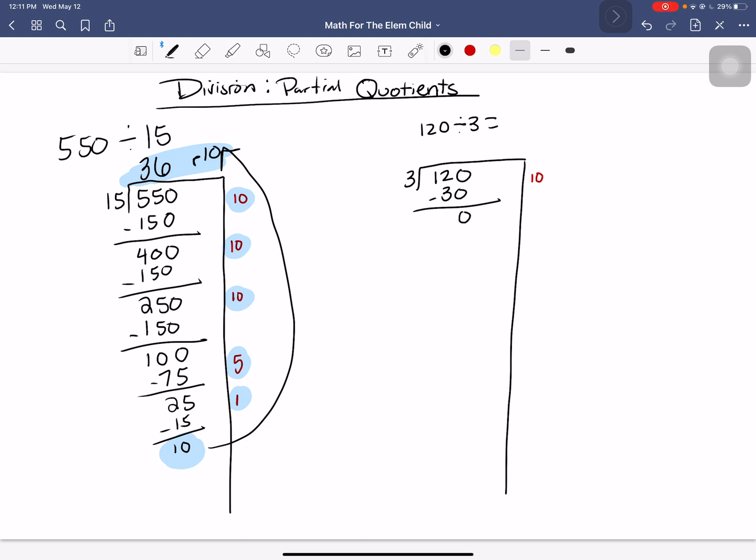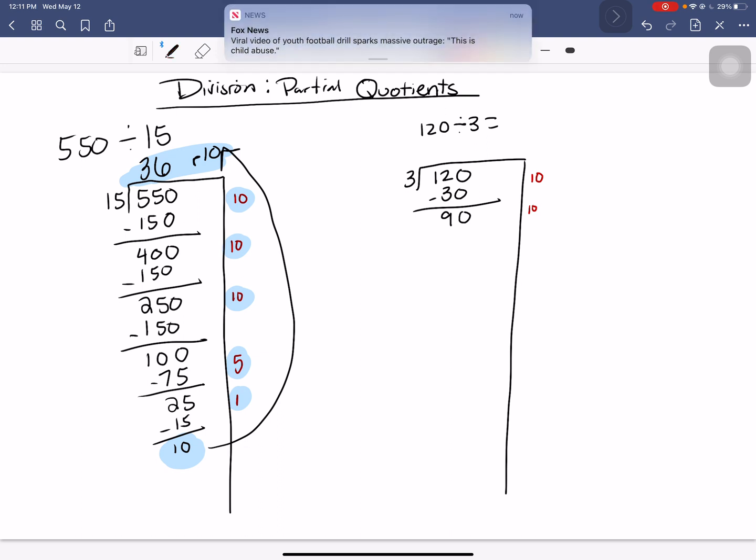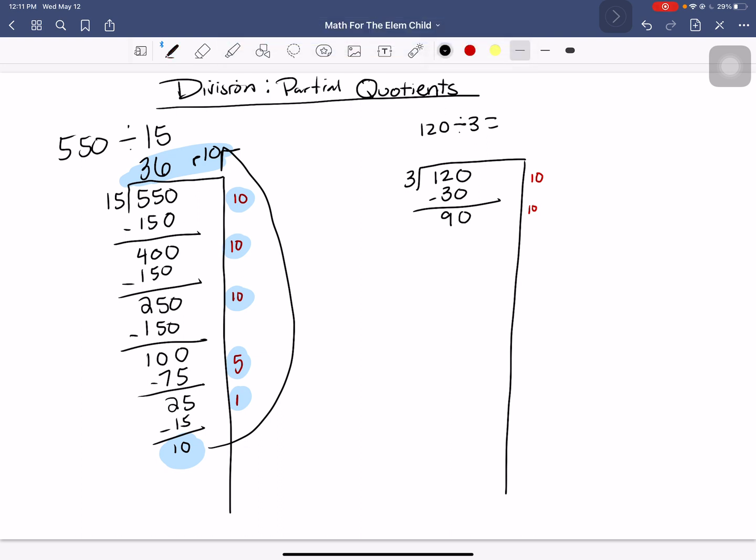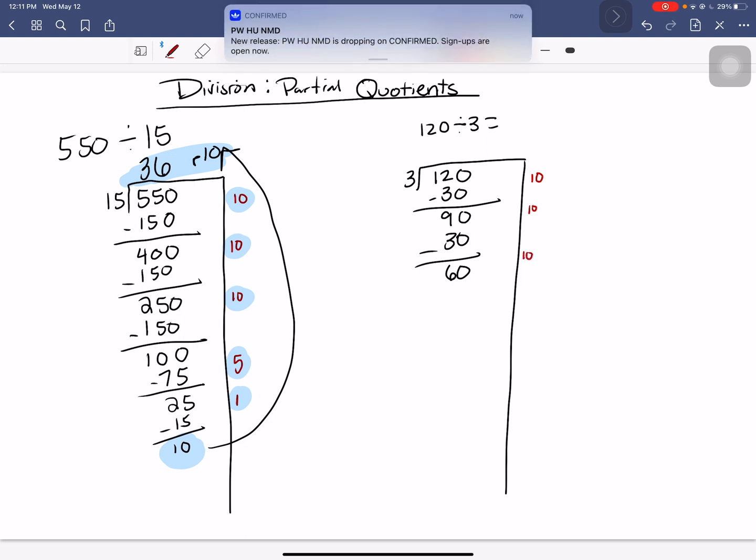And then we get 0, 12 minus 3, 90. We get 90. We can most definitely add 30 into 90. So let's add that in there. Multiply that. 90 minus 30 equals 60. Most definitely can add 30 into 60.